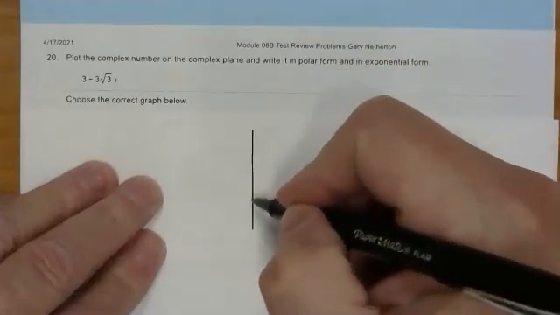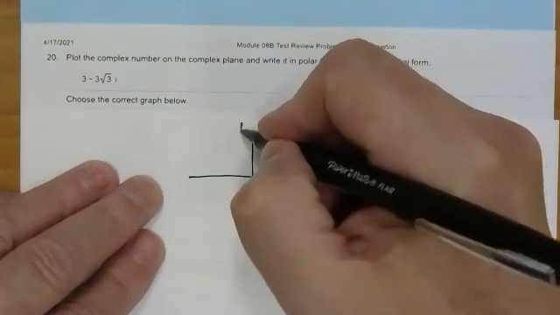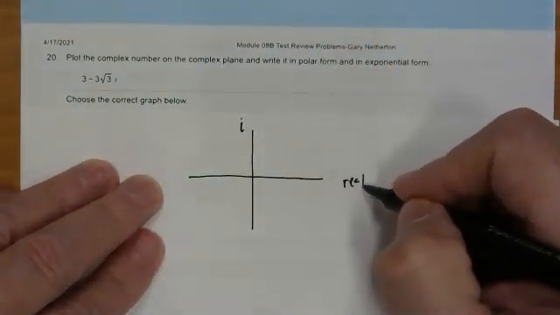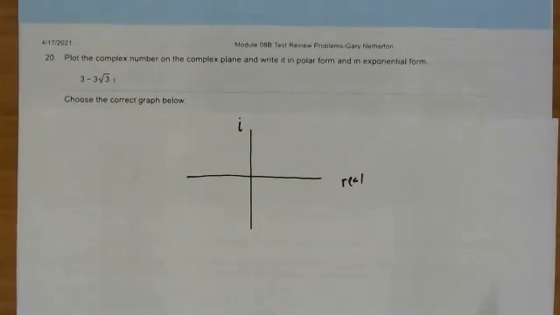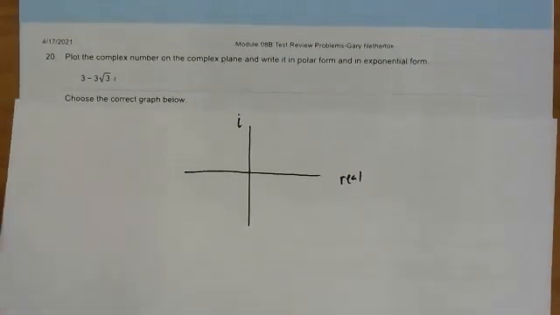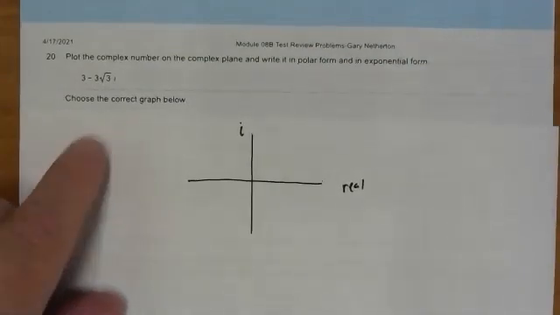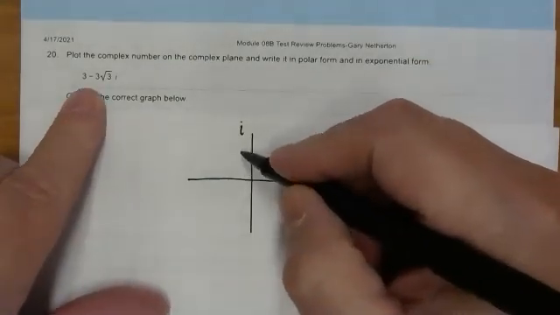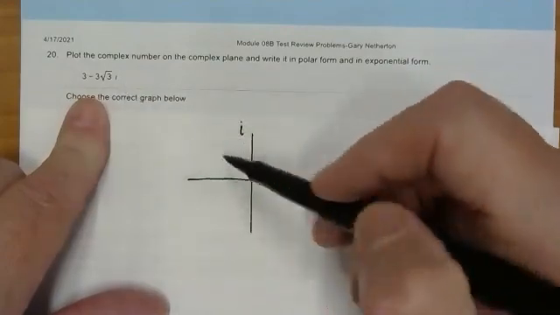So when you plot, basically you could think of the y as the complex plane and the x as the real plane, right? If I were to graph this, first of all, x is 3, and then y is going to be -3 square root of 3.